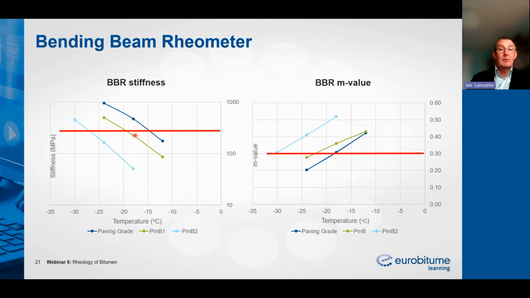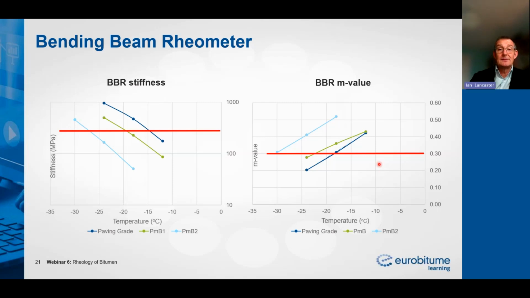With different polymer modified bitumens, we can move that critical stiffness down to below -25, in some cases below -30. That's important because we can understand here that we would have to get our bitumen below, in this case, -27 degrees before we were in danger of it cracking.